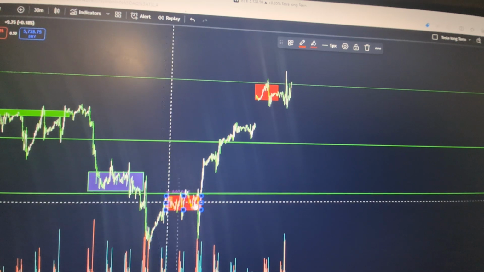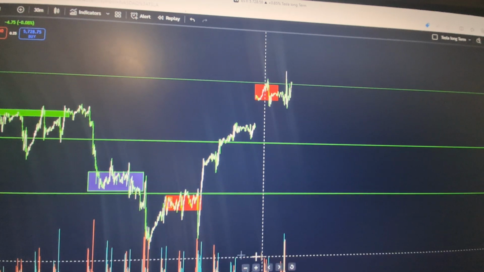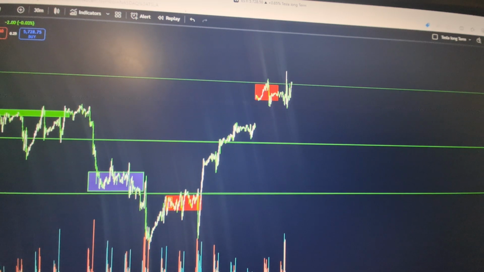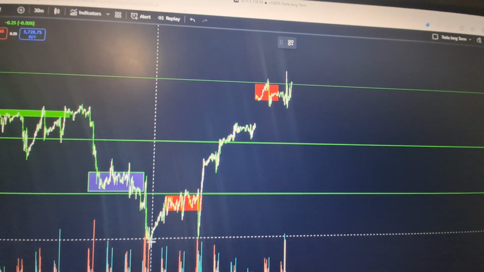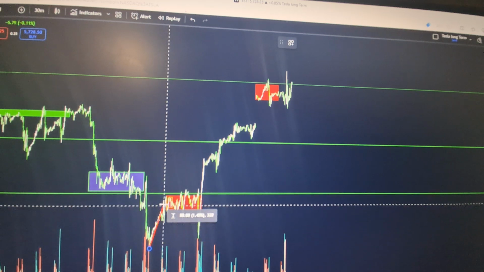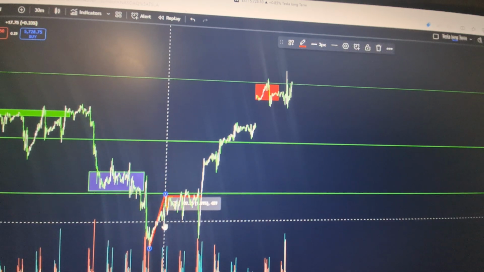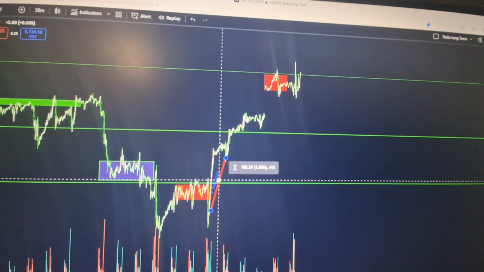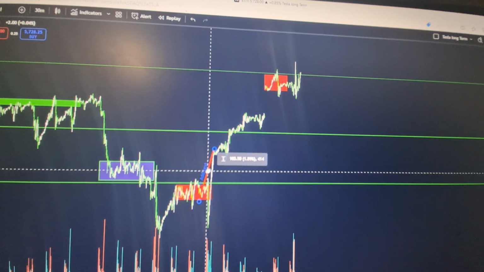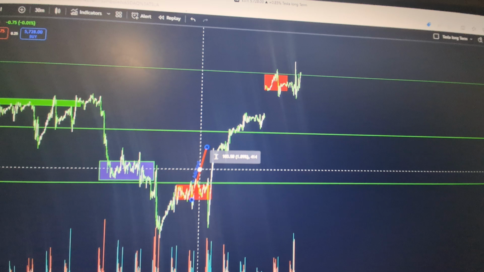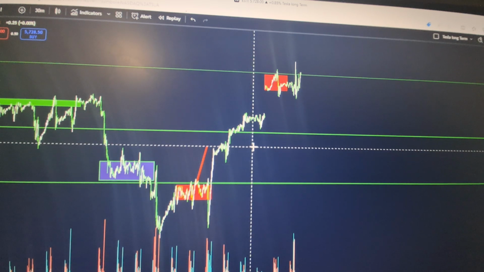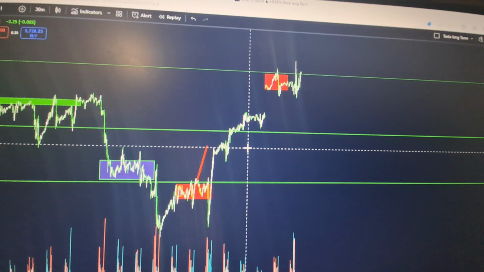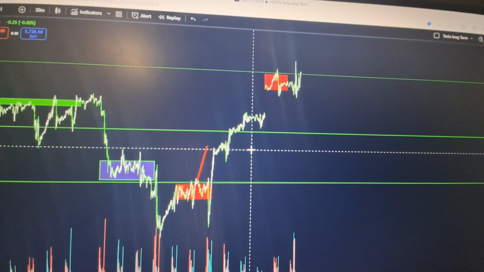The way you typically measure these is you take the initial spike, from the bottom to the top of the consolidation, and take that measurement to the bottom of the consolidation, and that's typically how you get your next measured move. Where that red line ends is where you typically will reconsolidate.